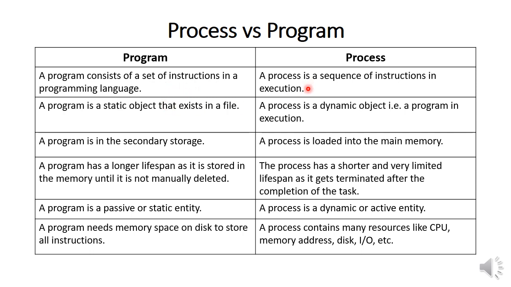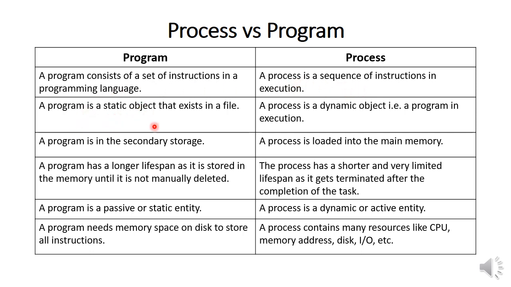But a process will be the program in execution. It means that a program exists as a text file, which is stored on a computer storage device. The operating system loads a program into the random access memory to be executed and it becomes a process.